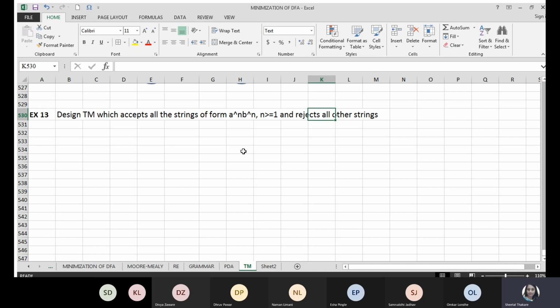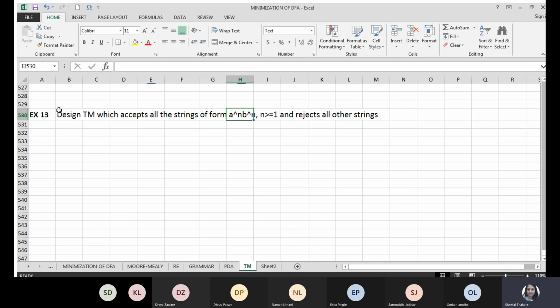So it cannot verify whether an equal number of B's are appearing. So it's not possible to draw DFA for a raised to n, b raised to n, and that's why we have said that memory is required and then PDA was there to help you. So FA plus stack is giving you PDA.